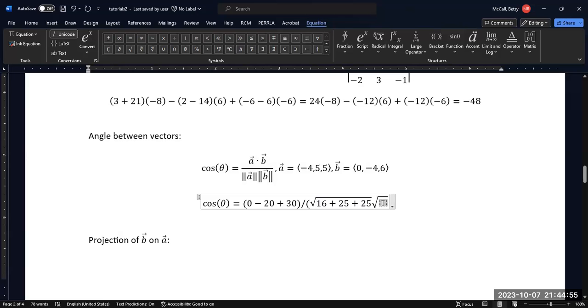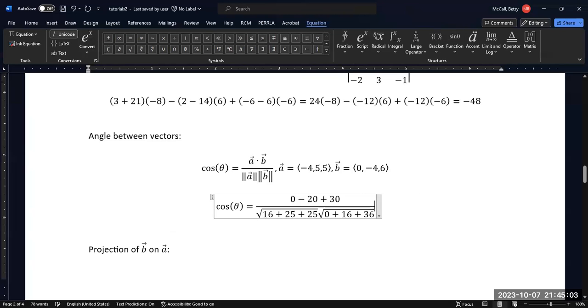And then the magnitude of the second vector is going to be 0 plus 16 plus 36. And if we simplify that, we're going to get 10 over the square root of 66 and the square root of 52.